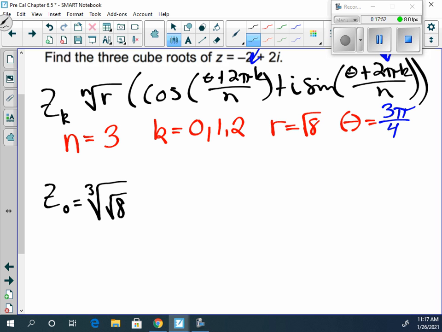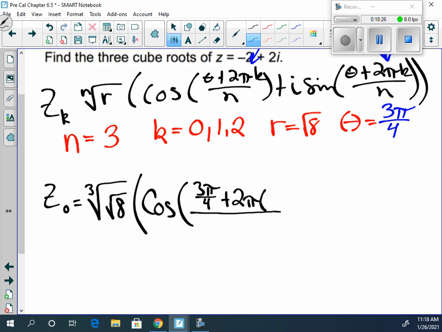This is why I did not simplify it to 2 square root of 2, because we would have been taking the cubed root of 2 square root of 2. That would have been a mess. We'll simplify this in a second, but I want to fill everything else in first. Now we're going to have cosine of, well, our angle is 3 pi over 4 plus 2 pi.